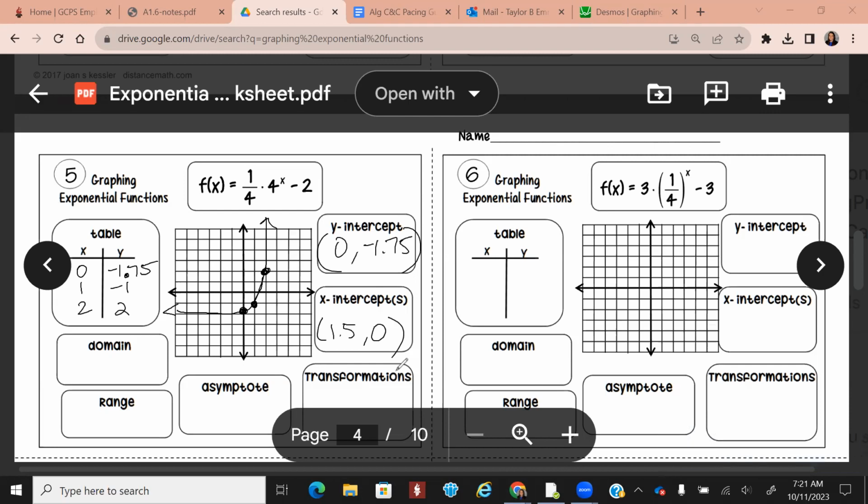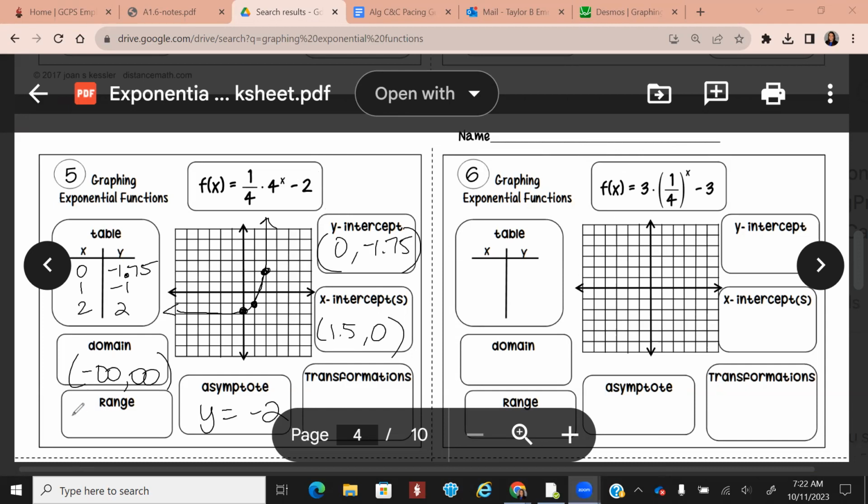For domain, what is the domain of all exponential functions? Negative infinity to positive infinity. What is our asymptote in this function? Y equals negative 2. Remember, whatever number is added on the outside, not in the exponent, that's your asymptote.